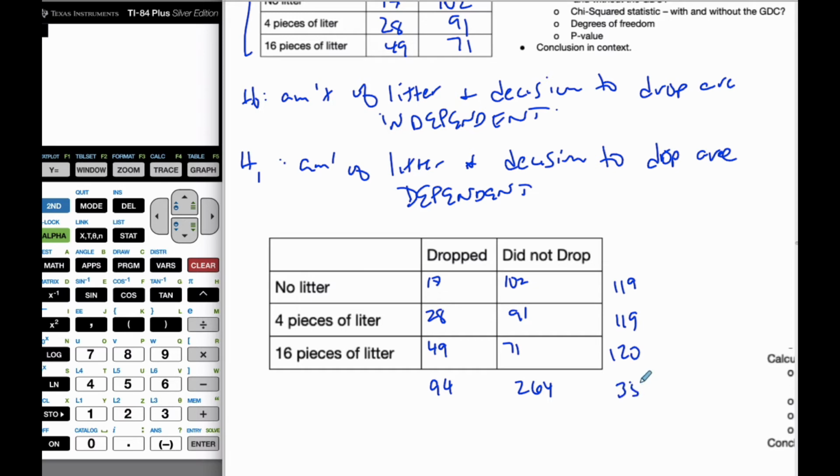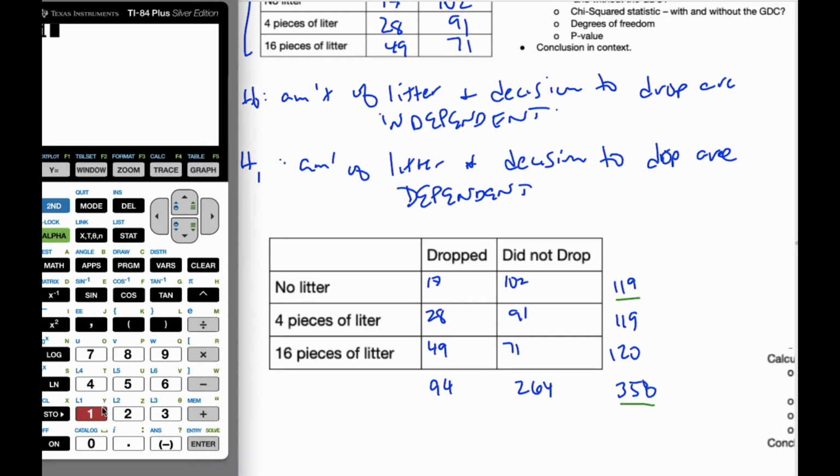So this is 358. And so to find the expected value, in this particular case, I know there's 119 out of 358 in total. So proportionally, that is 119 divided by 358. So I know there was 33% that dealt with no litter. And if 94 people of all of them had dropped it, then that should be the proportion if these should be proportional.